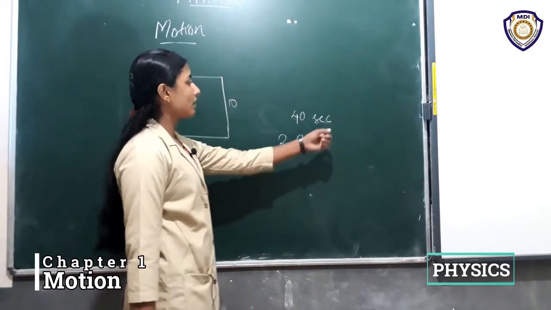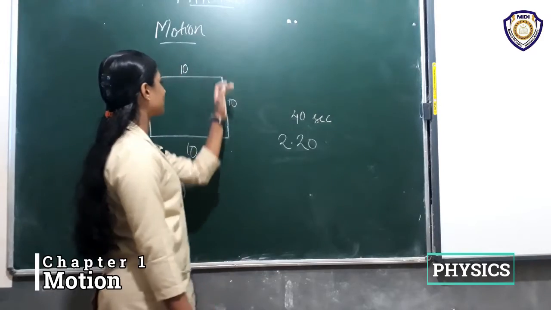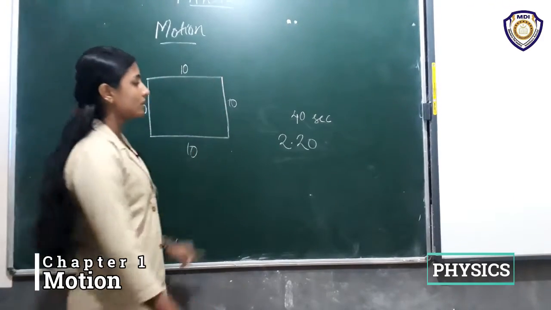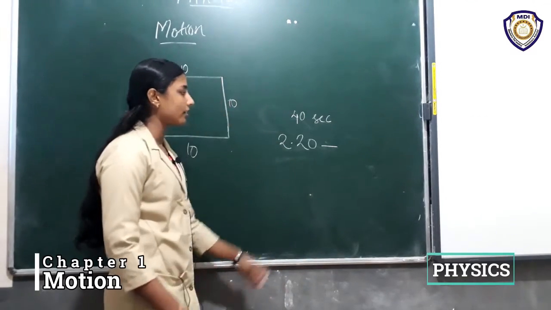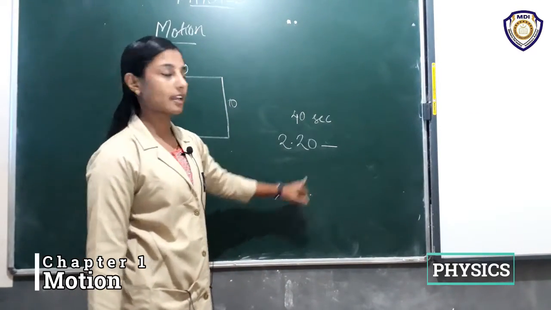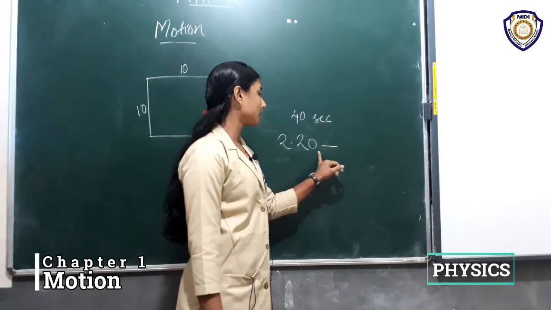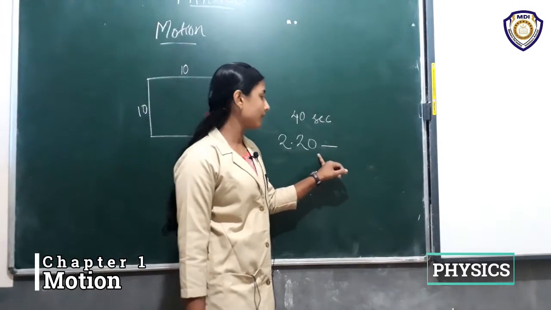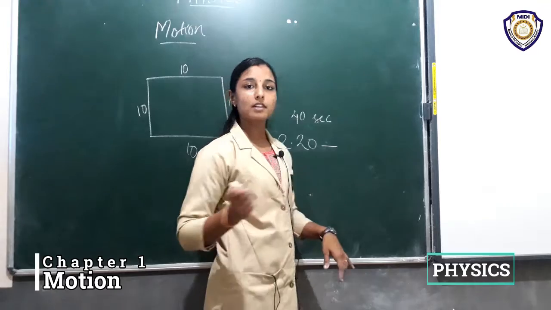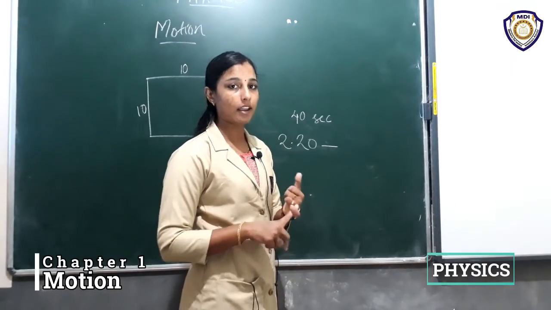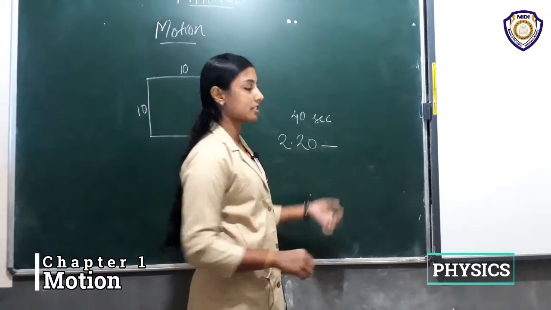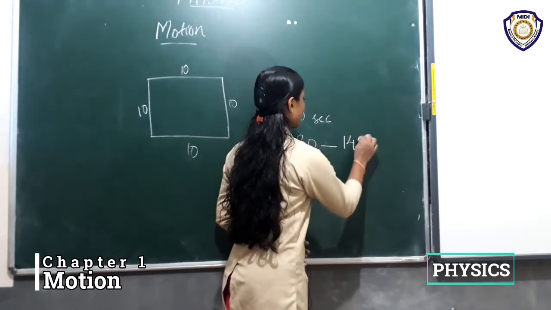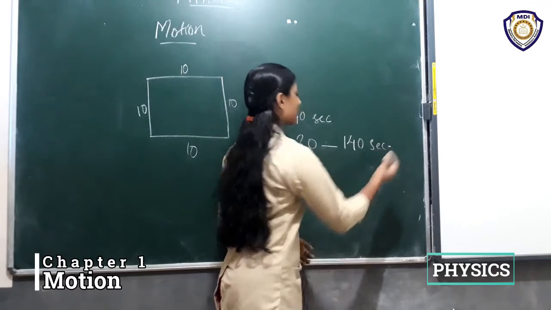So here in 40 seconds he covers one round. How many rounds does he cover after 2 minutes 20 seconds? We have to convert this into seconds. 1 minute means 60 seconds, right? 2 minutes is 120 seconds, and 2 minutes 20 seconds means 140 seconds, right?